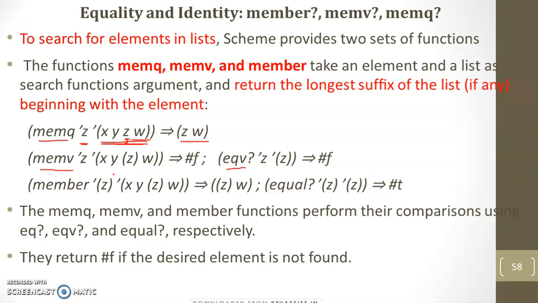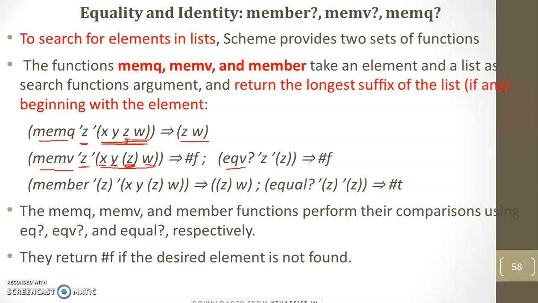So in this case, what happens? It is searching for an element Z, and the list that is given is X, Y. Here Z is given within brackets, so this is some other sublist. We can treat it as a sublist, and W is another element.